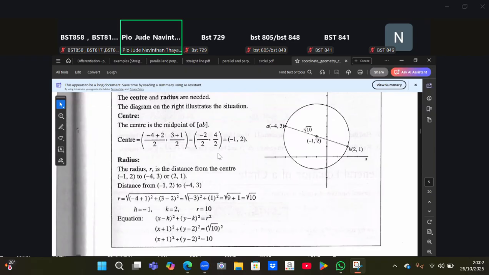We need to find the center and also the radius using the Pythagoras distance law. That is also given in today's notes: square root of y difference squared plus x difference squared. That's the radius.